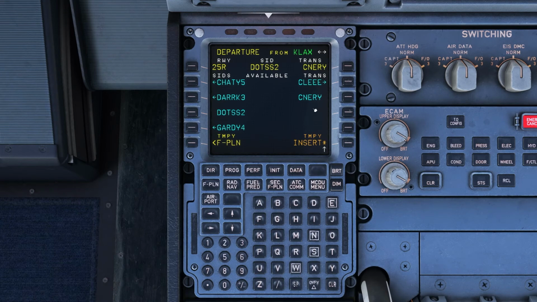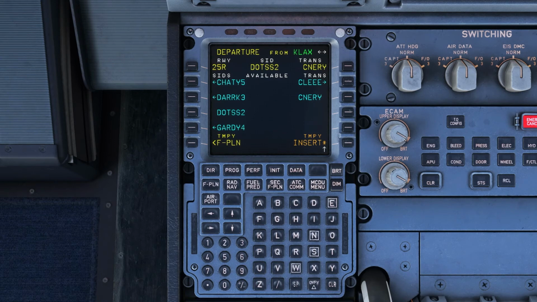And the way you read this is you are departing from runway 25 right via the dots to departure, scenery, transition. And that's what you'll be given by your air traffic control. They will say something like, American 88, you are cleared, IFR Phoenix, via the dots to departure, scenery, transition.